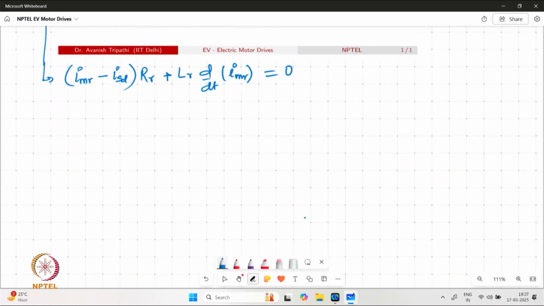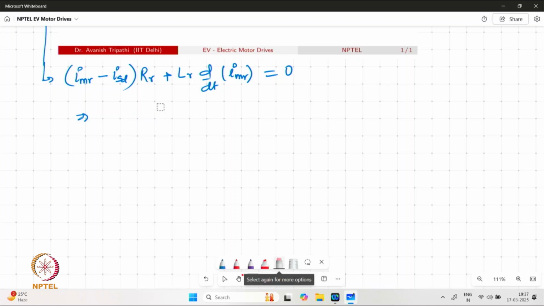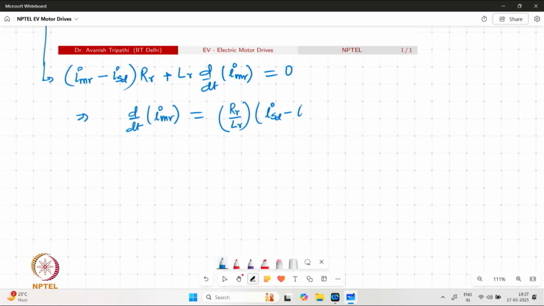Now, if we rearrange this equation, what we find is that d/dt of IMR is actually equal to RR by LR times of ISD minus IMR.